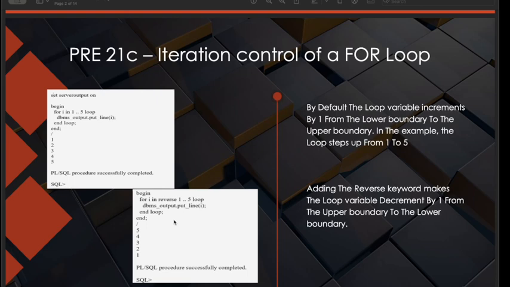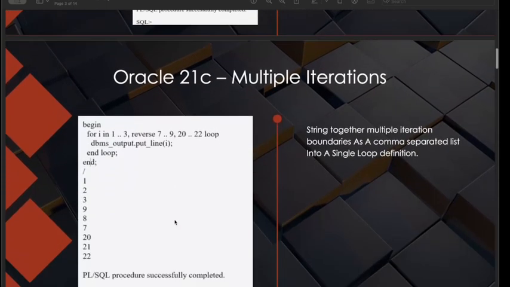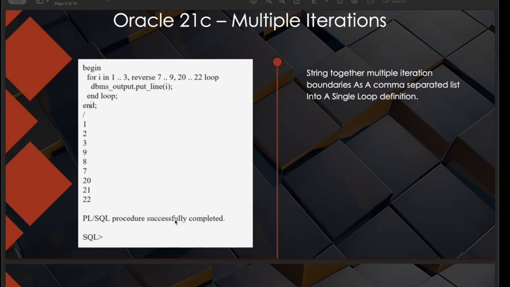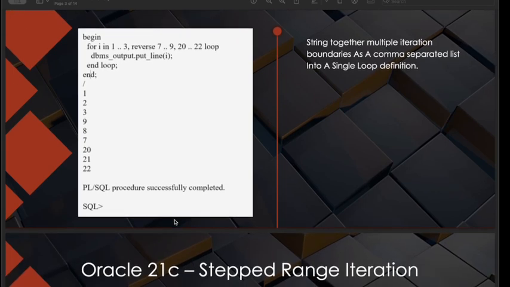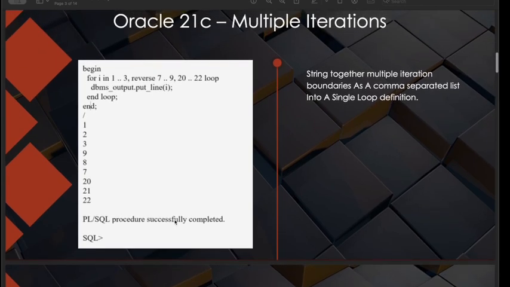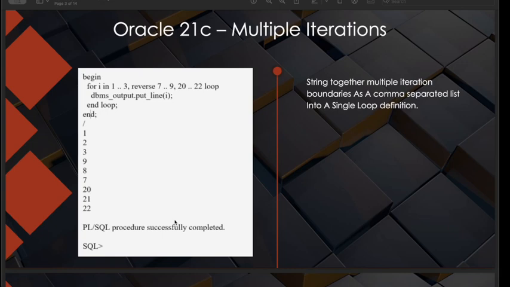All the other sections are related to functionality in Oracle 21c onward, like multiple iterations. We can now string together multiple iteration boundaries as a comma separated list into a single loop definition.